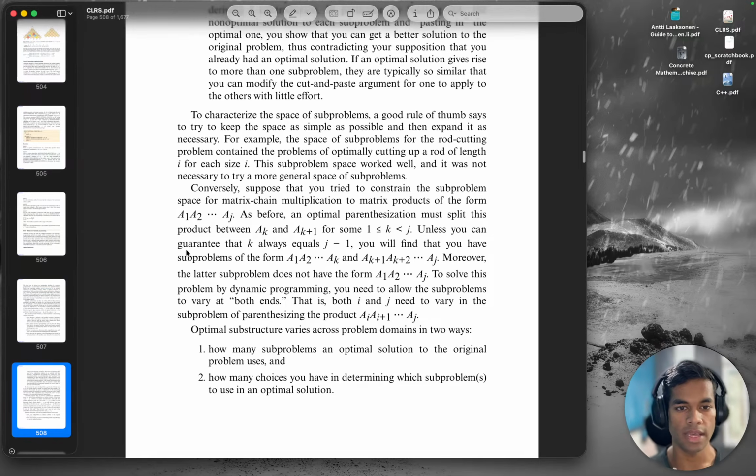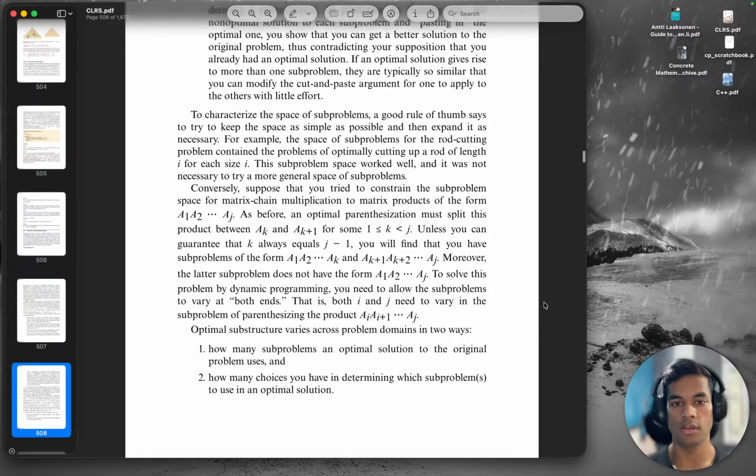Unless you can guarantee that k always equals j minus 1, you will find that you have subproblems of the form A1 till Ak and then Ak+1 till Aj. Moreover, the latter subproblems do not have to be of the form 1 to j. They might not begin from 1. To solve this problem by dynamic programming, you need to allow the subproblems to vary at both ends.